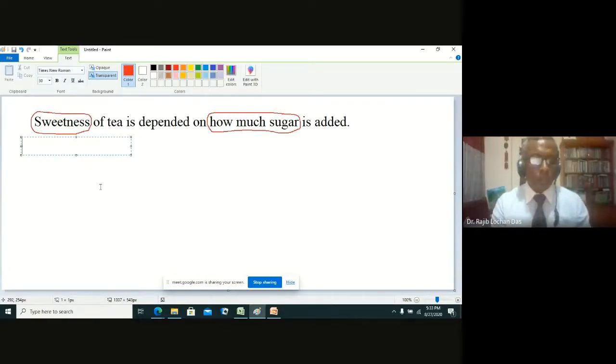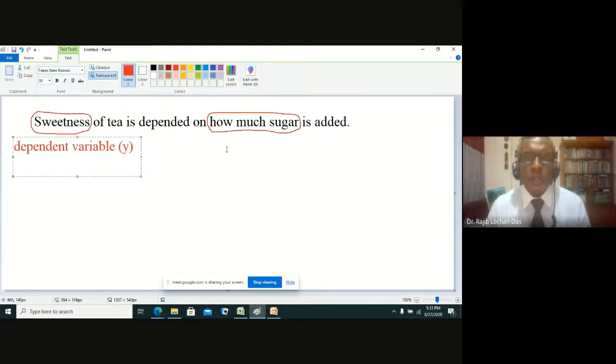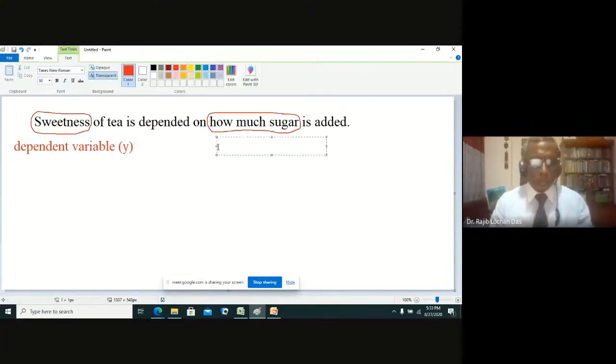One type of variable is the dependent variable here, and normally we call this y. The other type of variable in this example is the sugar amount, that is the independent variable, and we call this x.